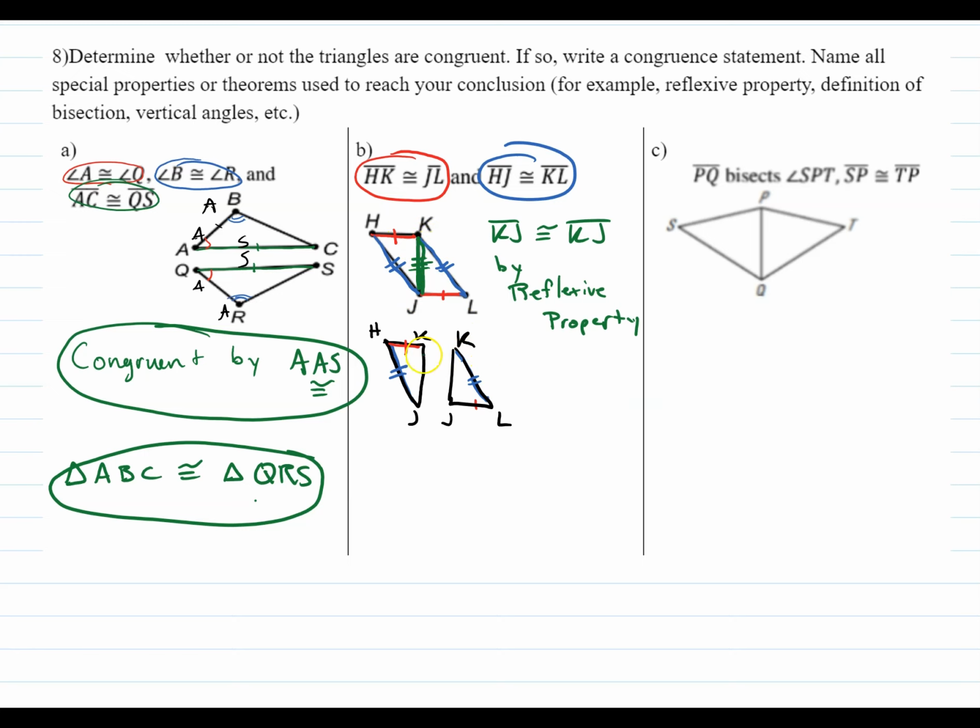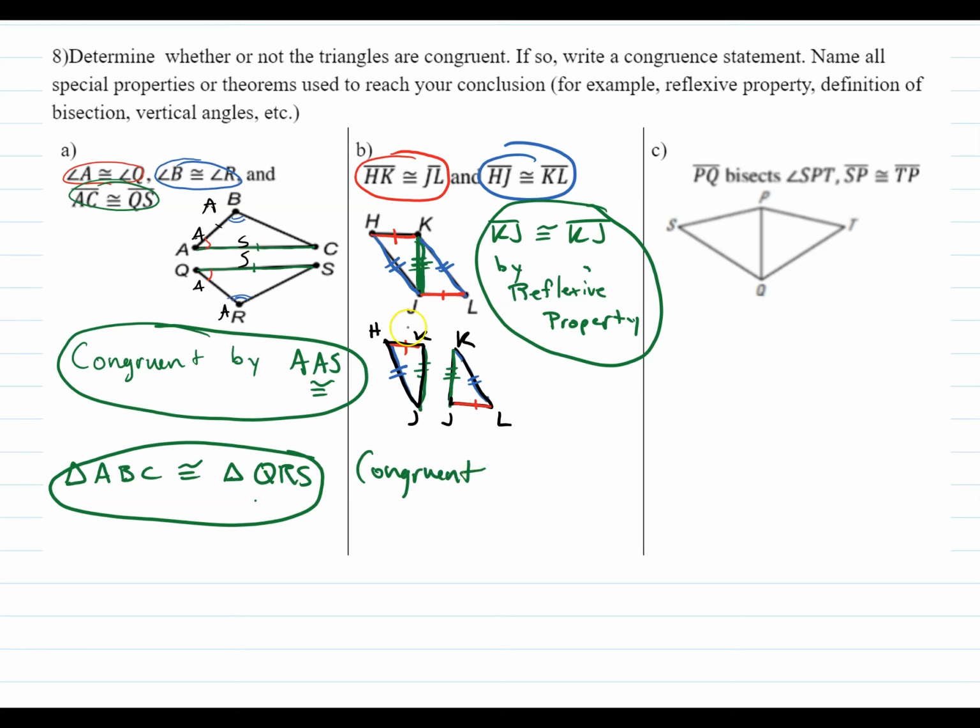The only way you know that these two sides match is because originally these two sides were touching. So they're the same length. They overlap each other, so if you split them apart, they're still the same length. And the property is called the reflexive property. That tells you that this side is equal to itself. Okay, so these two triangles are congruent.